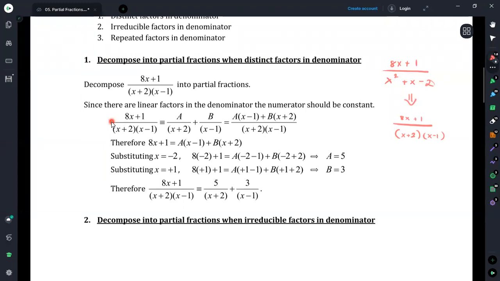Suppose you have 8x plus 1 over x plus 2 into x minus 1, and you have found that the two factors are x plus 2 and x minus 1. Then there should be two partial fractions, an addition of two partial fractions. Then we can say this is equal to one partial fraction having the denominator x plus 2 and another having x minus 1.